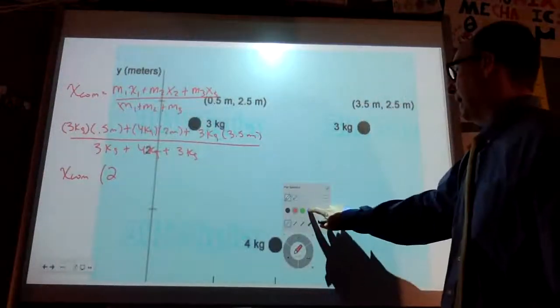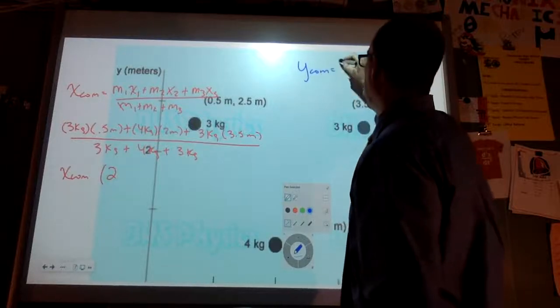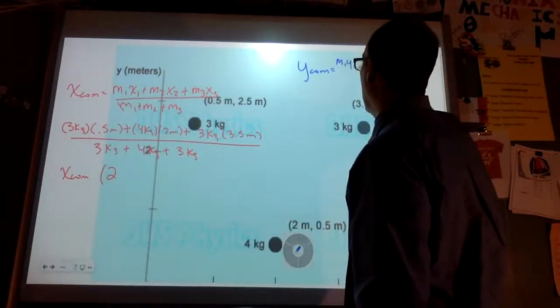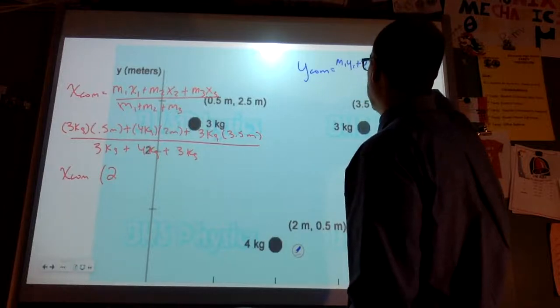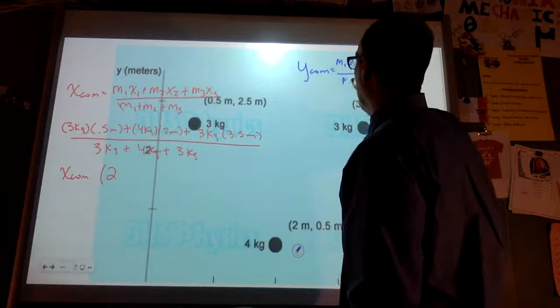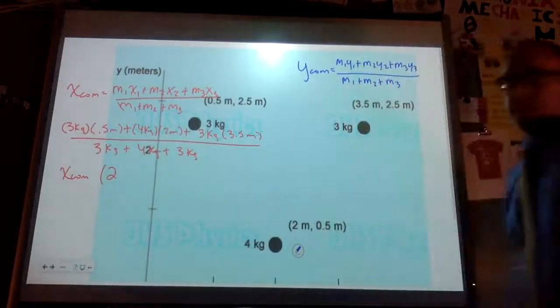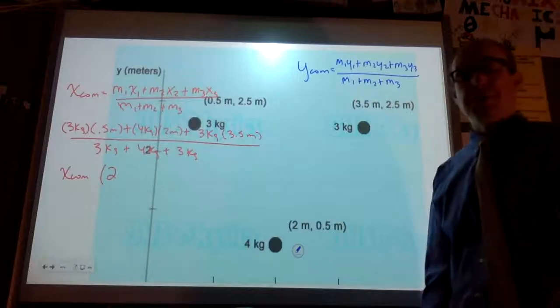Now I'm going to do the Y center of mass. The Y center of mass is going to be M1 Y1 plus M2 Y2 plus M3 Y3 over M1 plus M2 plus M3. If we had a third dimension, you could do the same thing.